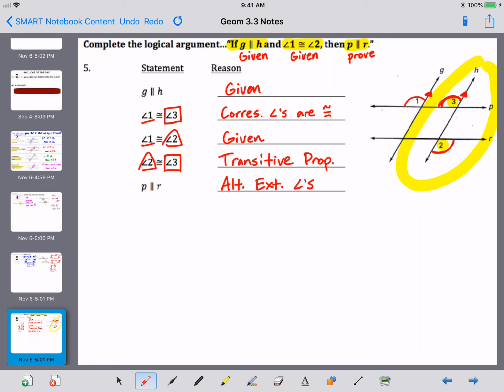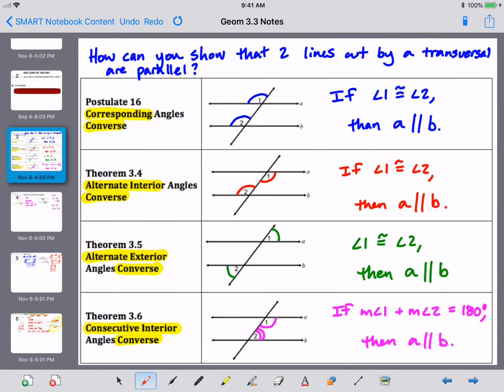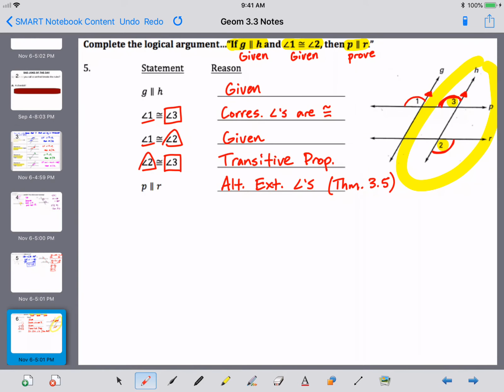So remember, if we know the alternate exterior angles are congruent, then the lines are parallel. That is theorem 3.5. If you look at this, this says if angle 1 is congruent to angle 2, then those two lines are parallel. Well, we showed that the alternate exterior angles are congruent, so we know P is parallel to R.